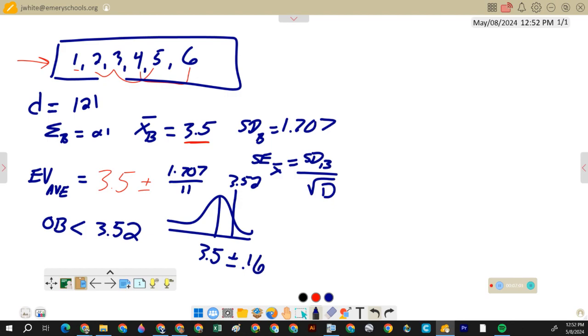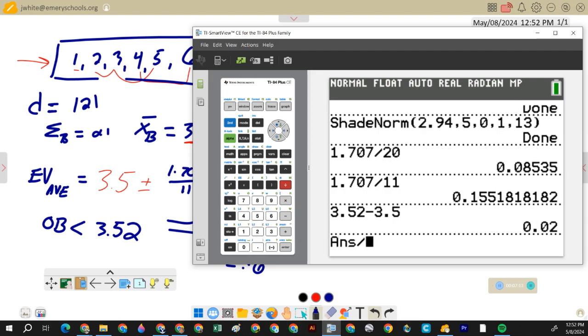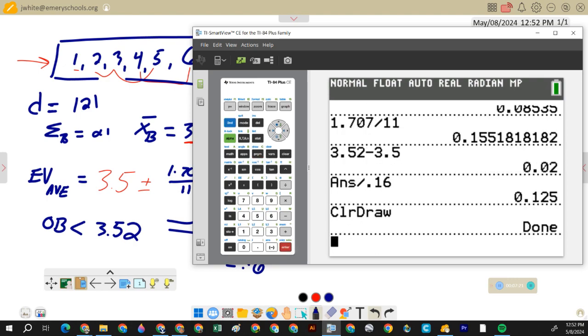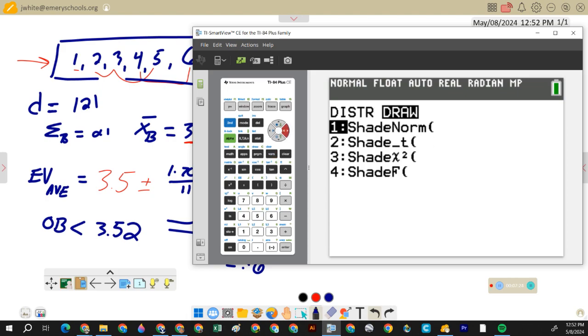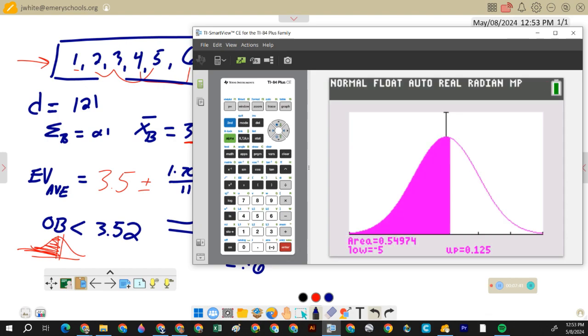So 3.52 minus 3.5, and I divide that by 0.16. So what am I going to plug into my shade norm? What's the lower bound? -5. But I want this here. So from -5 to 0.125. And that probability is going to be about 55%.